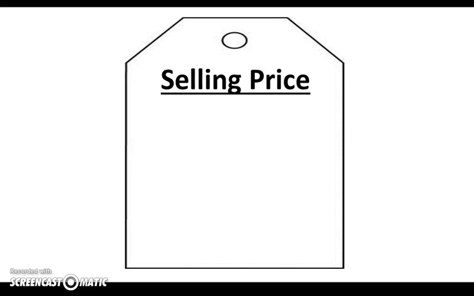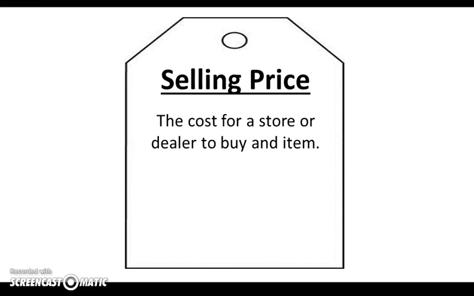There's another kind of price called the selling price. Selling price is when a store or a dealer buys the item. So it's what's sold to them. It could be both things. It depends on the situation.